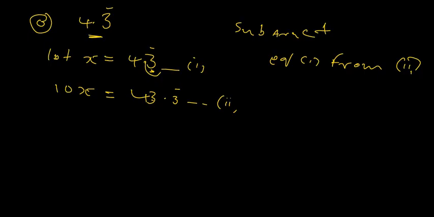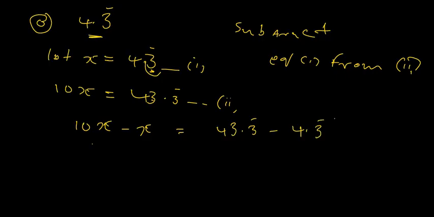So from there we can say, this 10x we subtract with the x, then that will be equal to 43.3, and we subtract again by 3.3.